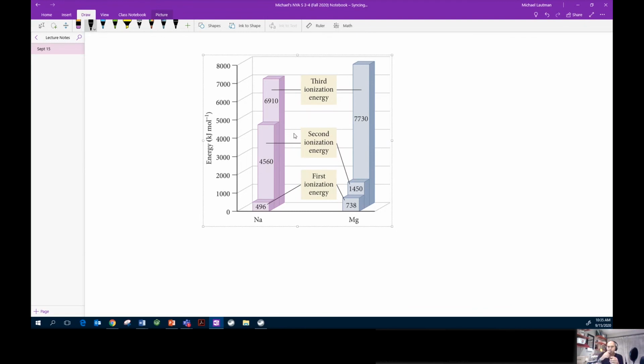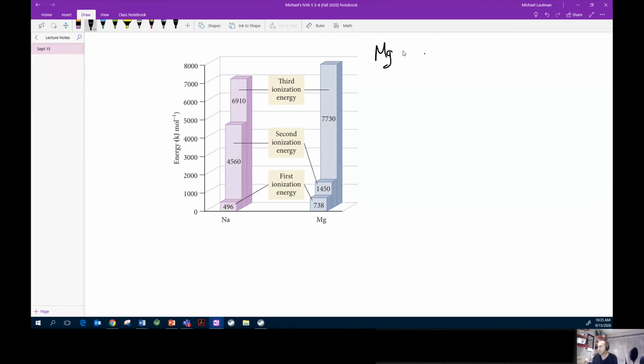Now, when we talk about ionizations, in terms of energy calculations, we always treat ionizations successively. So for example, we know that magnesium gas would go to Mg2+ plus 2 electrons, right? If we were thinking about this in terms of a redox reaction or something like this.